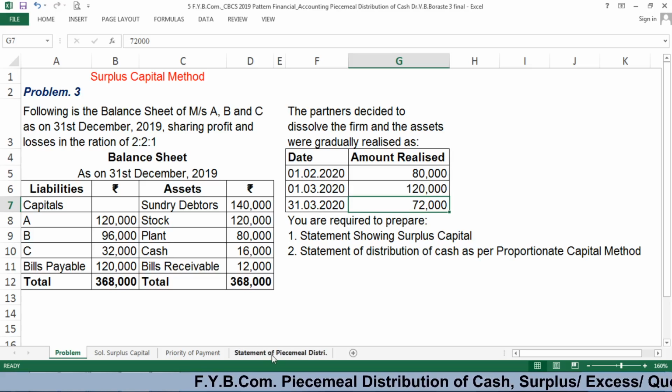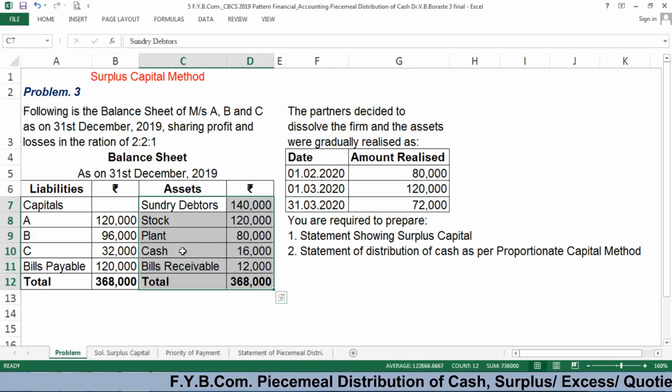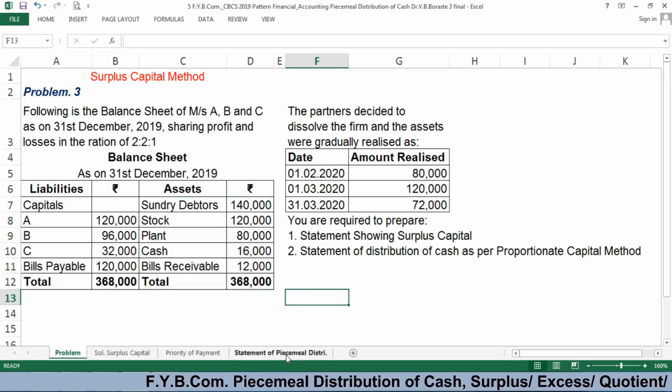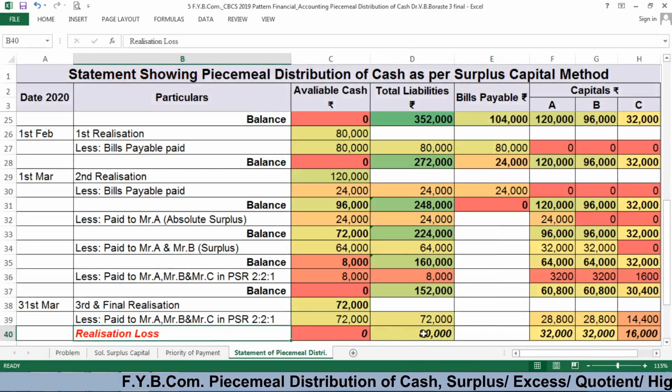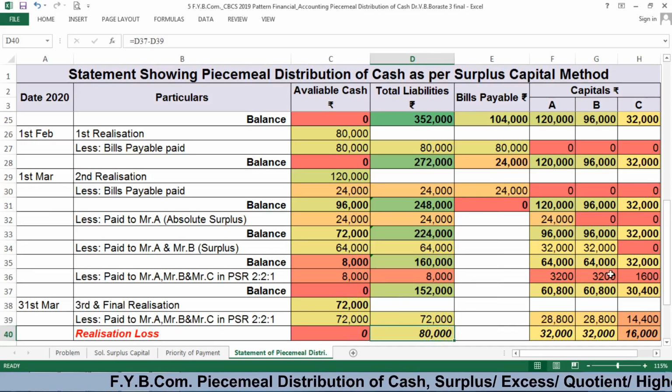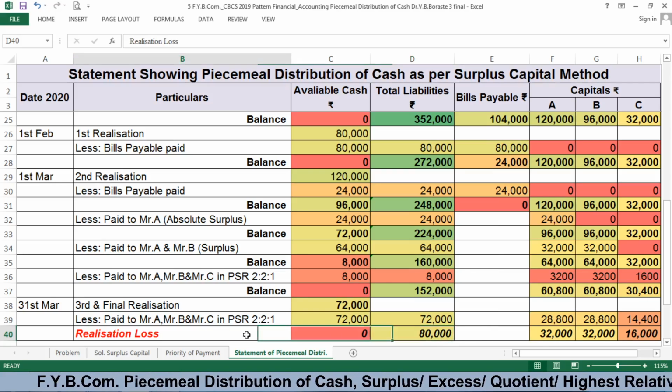That means we have sold all the assets and got this amount. So it simply means that we have some loss, which is called realization loss. After paying all the liability, that was only bills payable and partners' capital, we still have 80,000 unpaid.